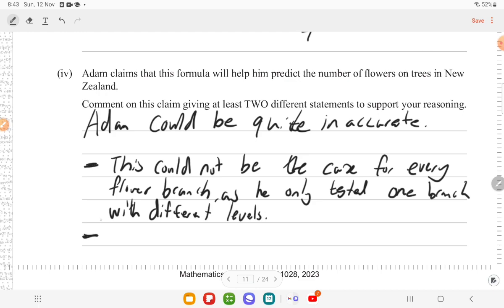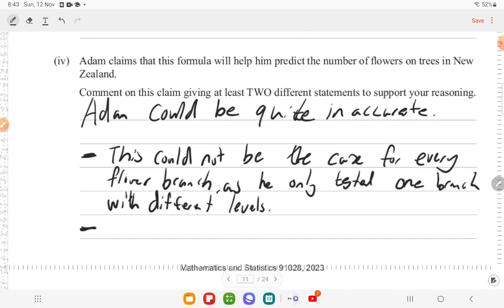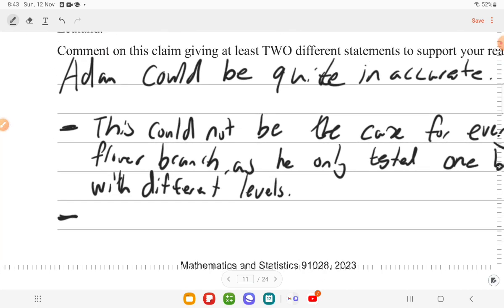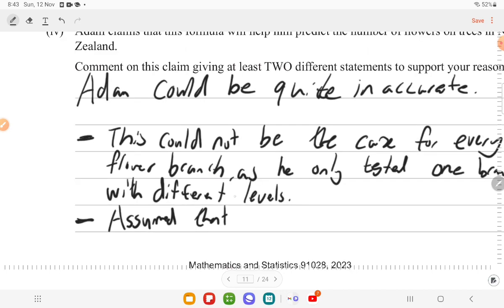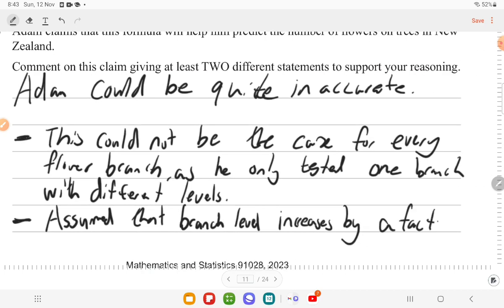The second comment, I mean this is kind of similar, but I had no idea what to add on, so assume that branch level increases by a factor of 4.